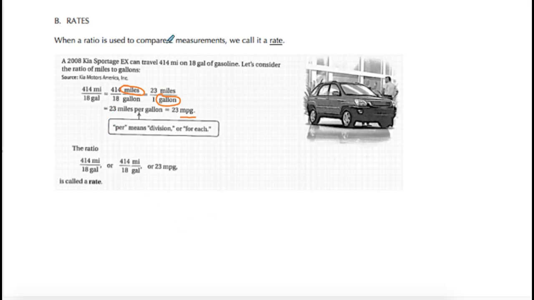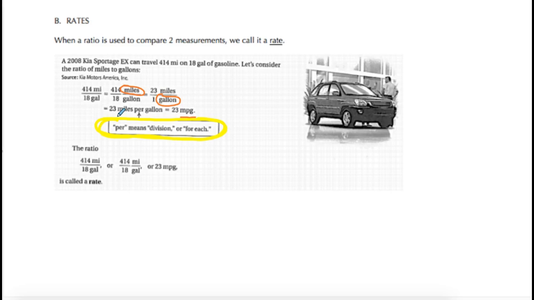This box right here is super important. This box says per means division, or for each. And so anytime you hear per, think division. Dollars per student is how the schools get funding. They give us an amount of money based on the number of students we have.